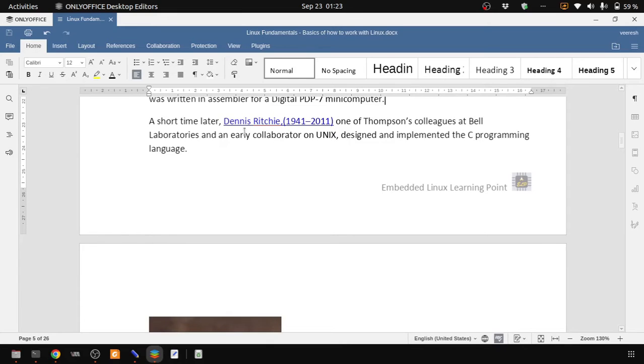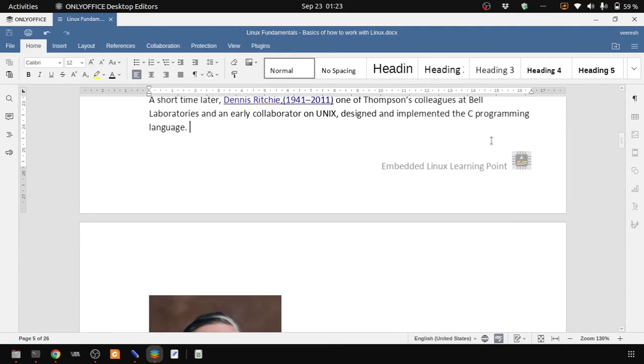A short time later, Dennis Ritchie, one of Thompson's colleagues at Bell Laboratories and an early collaborator on Unix, designed and implemented the C programming language. You see, the C programming language.